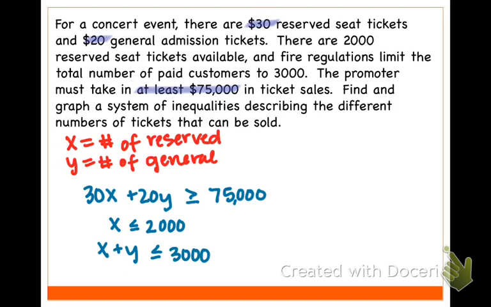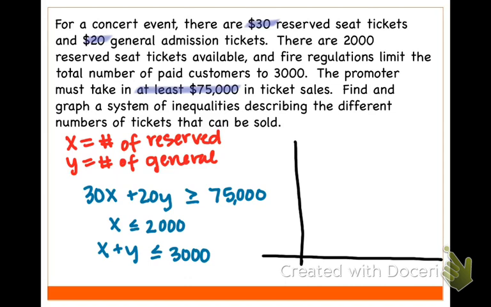So these are my three equations, my three inequalities that I have here, and I do want to graph them. So I can look at my graph here. I can try and graph them. Now, there are some unidentified restrictions, like you're not going to sell negative tickets. So your x and your y are always going to be at least 0.